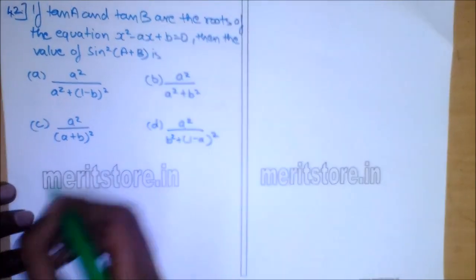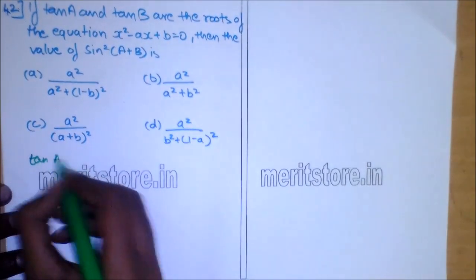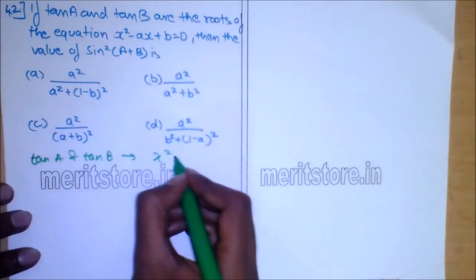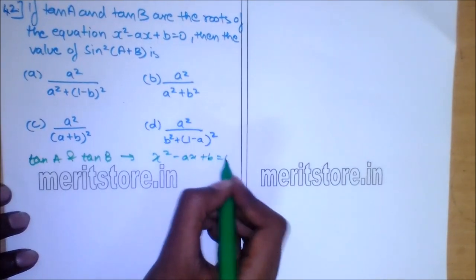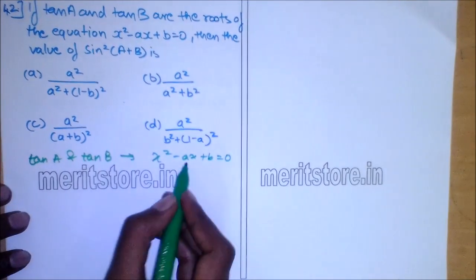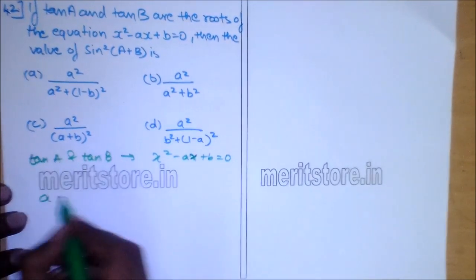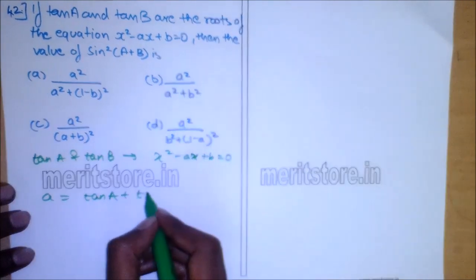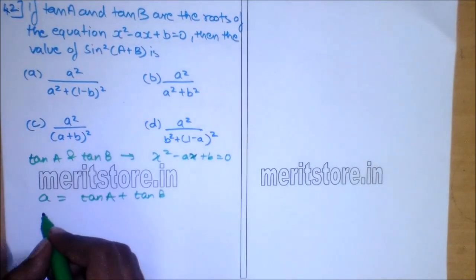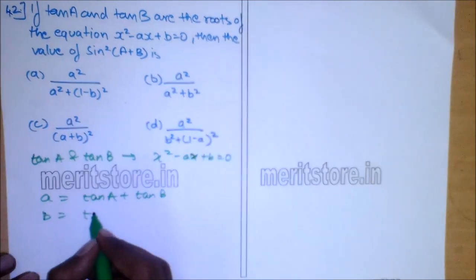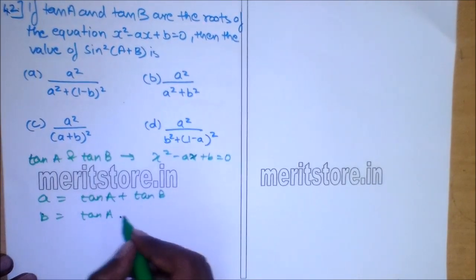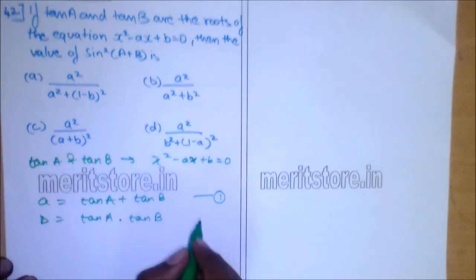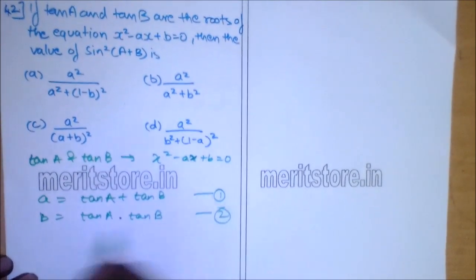So it is given that tan A and tan B are roots of equation x square minus ax plus b equals 0. So the coefficient of x, that is a, is the sum of the roots, that is tan A plus tan B, and b is the product of tan A and tan B. Let this be equation 1, let this be equation 2.